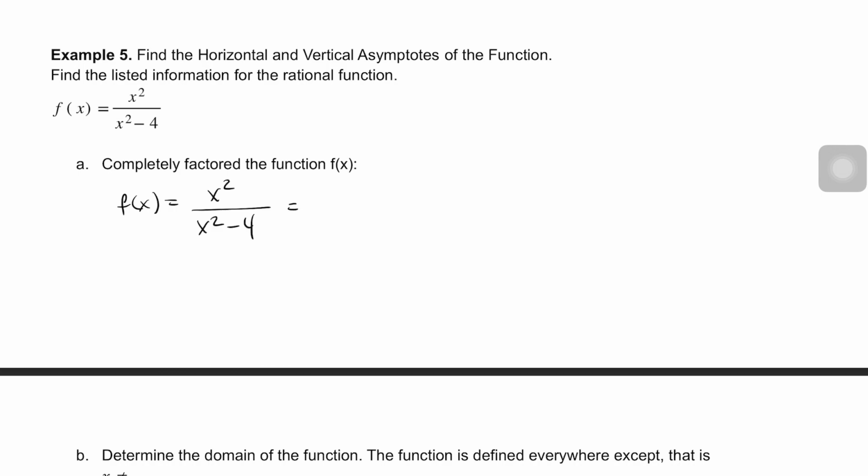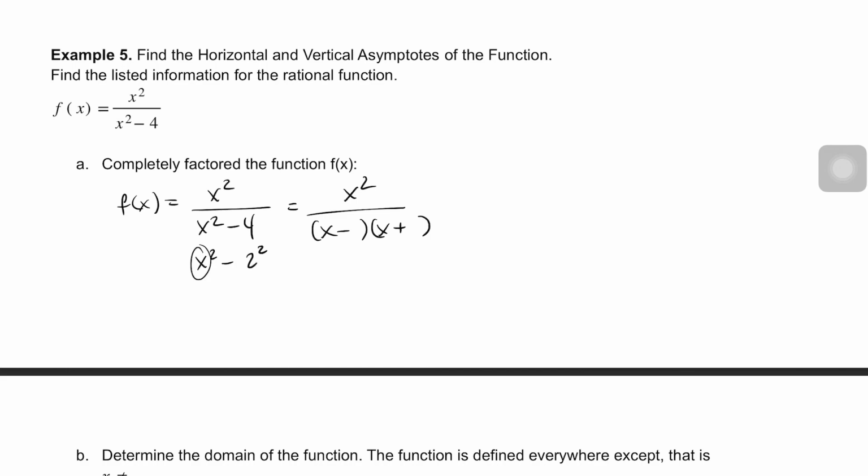Because we have a difference of squares, right? That's a perfect square and that's a perfect square, and there's a difference. That means that we can rewrite it in this form. And the way we're gonna figure out this number is by rewriting it this way, right?